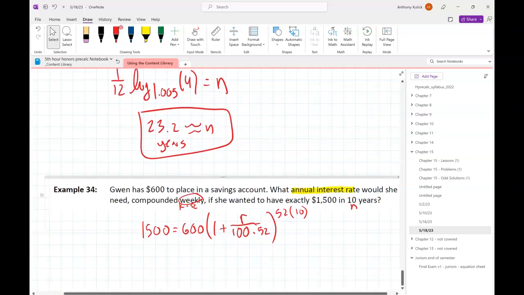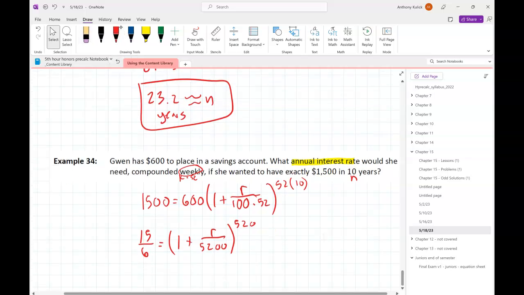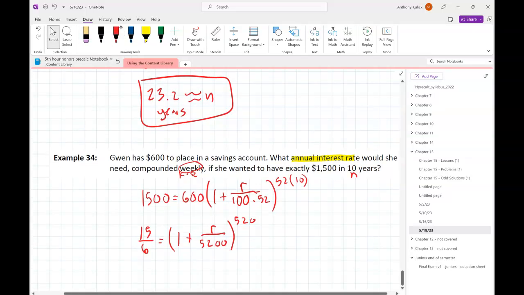Okay. So first step here would be to divide by 600. I know I could reduce that more, but I just don't really want to, because it's going to be more complicated than I feel like being at 8:52 in the morning. All right. Now what? I got to get rid of the exponent 520, right? What gets rid of an exponent?